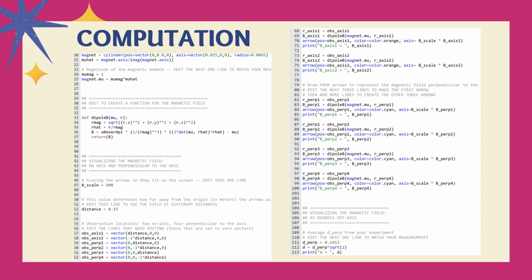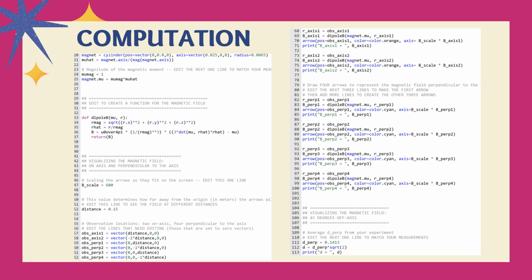Then we're scaling the arrow and inputting the distance from the different observation locations, and basically the rest of this code is establishing an axis and position for these different observation locations and creating arrows to represent the magnetic field perpendicular to these points.